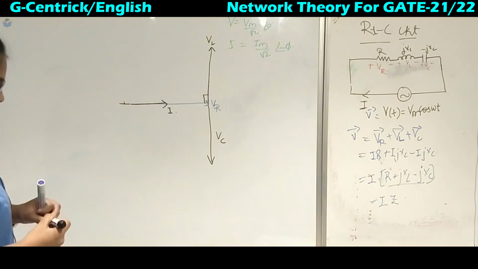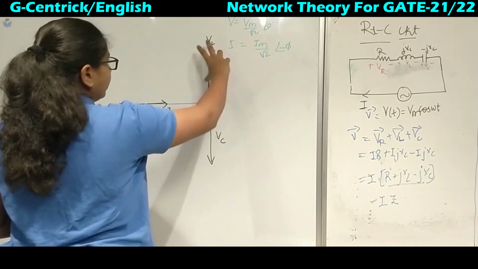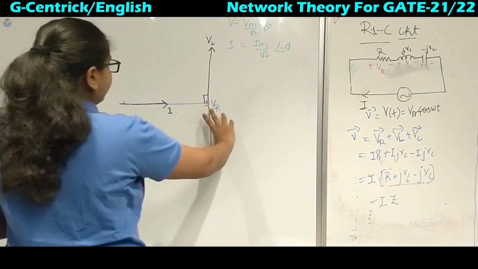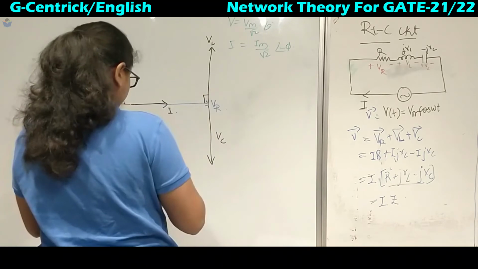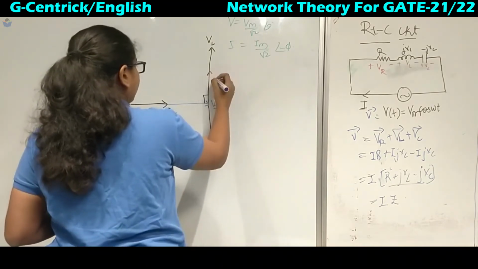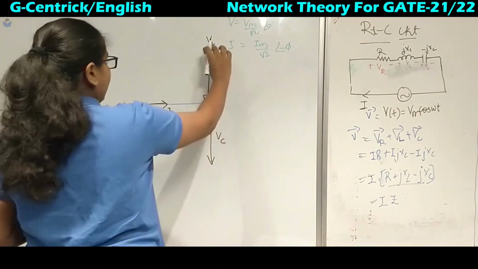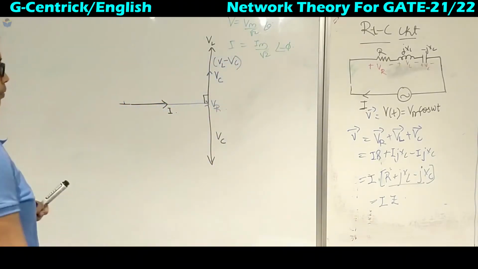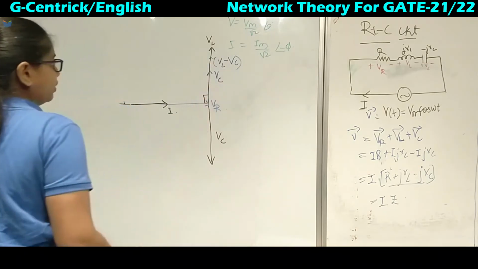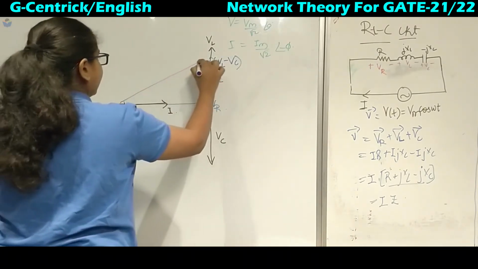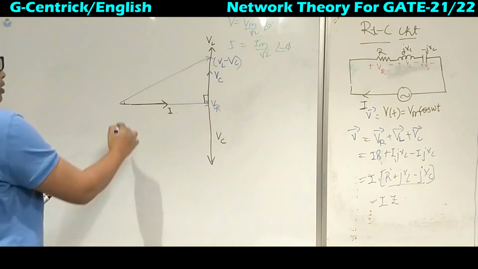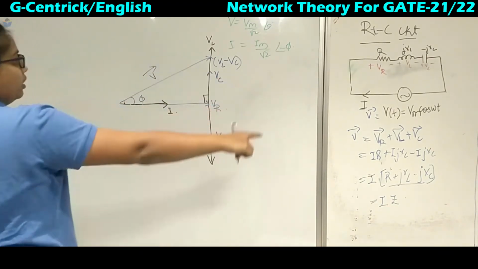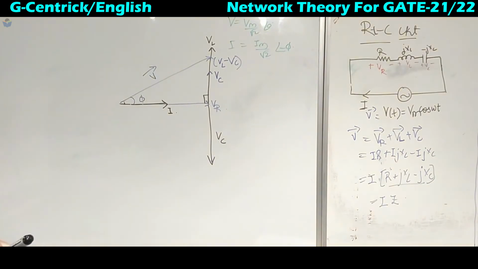Now this VC is smaller than VL because we have XL greater than XC. If I take this upwards, it will become negative times VC, and this vector is nothing but VL minus VC. Here somewhere we will get VL minus VC, and by the triangle law of addition, adding this with the angle phi, I will get the total vector V.